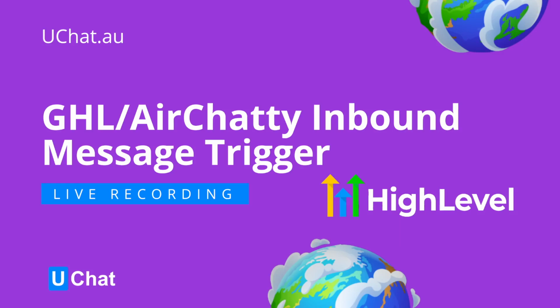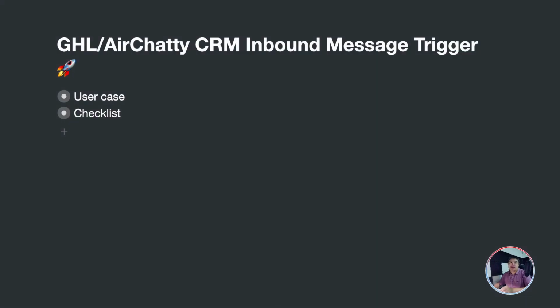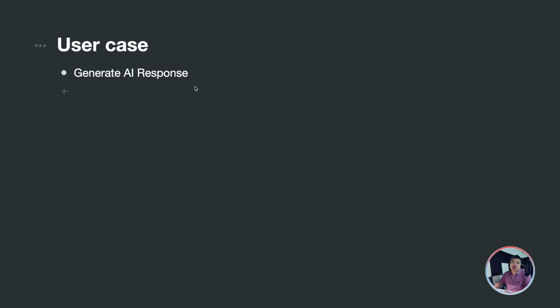So in today's video, we are going to talk about the Go High Level or AirChatty CRM inbound message trigger. Okay, so first of all, what's the use case? The use case is, because of the integration between UChat and Go High Level or AirChatty CRM, you are able to pass every inbound message to your Go High Level account.